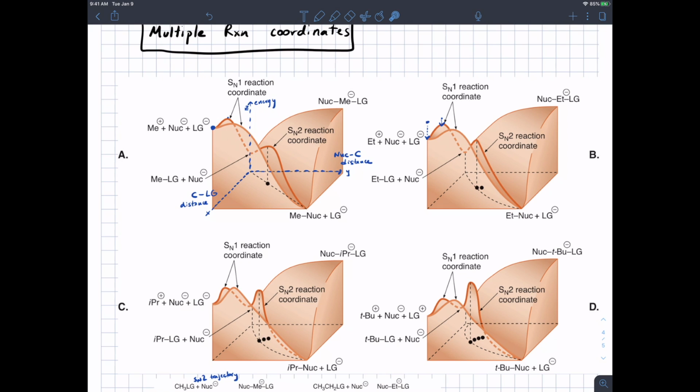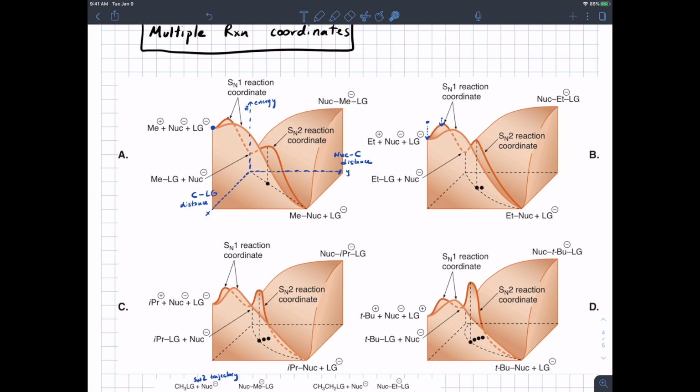But now, if you look at what the structure of the alkyl halide does to the SN2 trajectory, now it's curved. It's not linear. In other words, I'm sorry, the nucleophile is not coming in at the same rate as the leaving group is leaving.